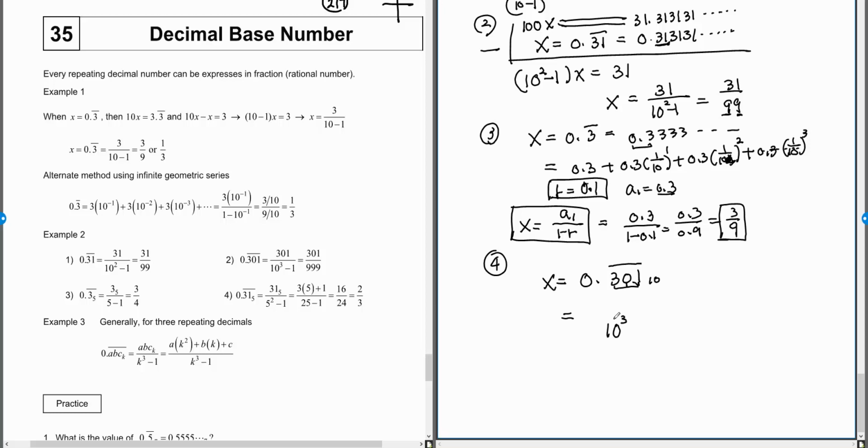We just multiply 10 to the third power times x, which equals 301, 301, 301, 301. But when you subtract, it's minus 1, isn't it? So you divide by this number, 301 over here, in base number 10. Is it okay? Yeah, that's the formula.